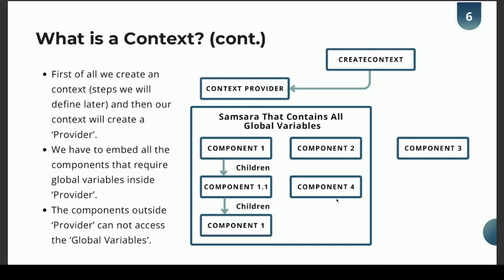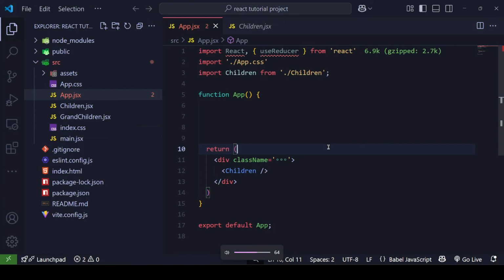This is a provider that contains all the components. But the components outside of this context cannot use the global state. Only the components inside the context can use the global state. Okay, so now we have to see in practice how the context API works across our project. So let's see.